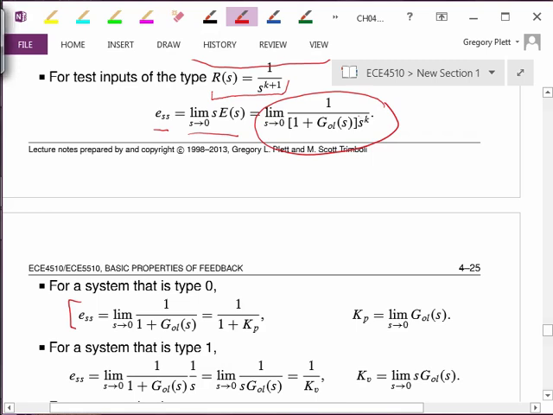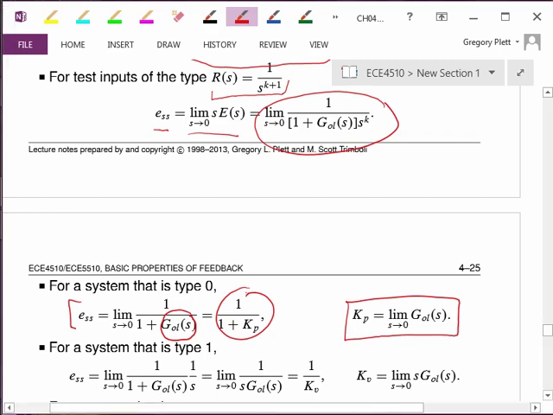In order to evaluate this error, we need to take the open loop transfer function of the system and plug in s equals 0, and that value that we get we call Kp, which is the position error constant, and the steady state error is simply 1 over 1 plus Kp.